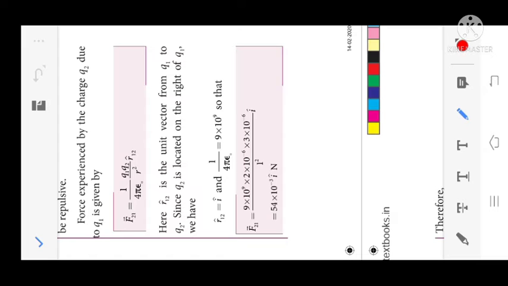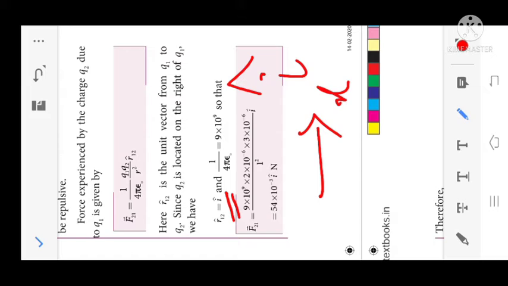Now we know that it is along the x direction. In vector notation, in the Cartesian coordinate system, the x direction is denoted by i cap. So the R12 direction is i cap. 1 by 4 pi epsilon naught is a constant, that is 9 into 10 power 9. So instead of 1 by 4 pi epsilon naught, we can substitute 9 into 10 power 9.